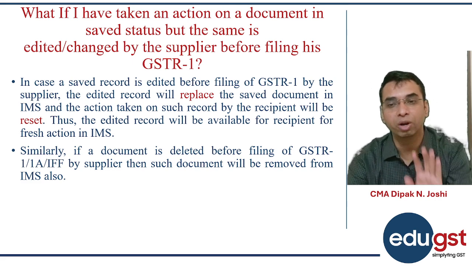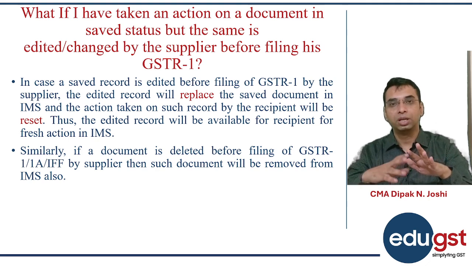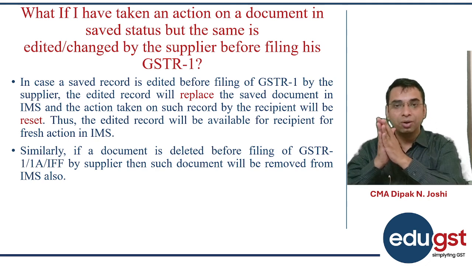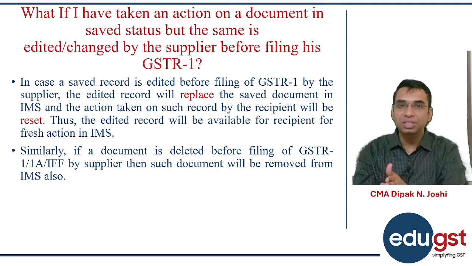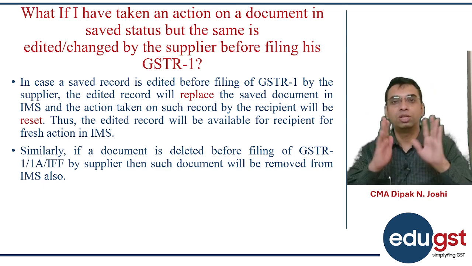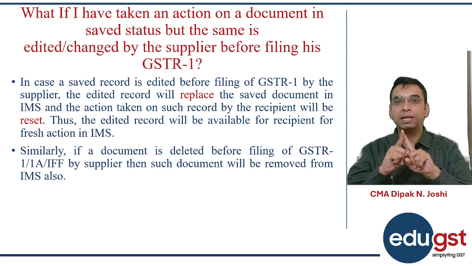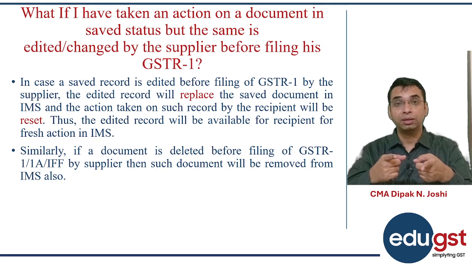If the document is deleted at the time of filing GSTR 1, then those documents will also be deleted from your Invoice Management System. So there are two aspects. The first aspect is the supplier editing the details in GSTR 1.